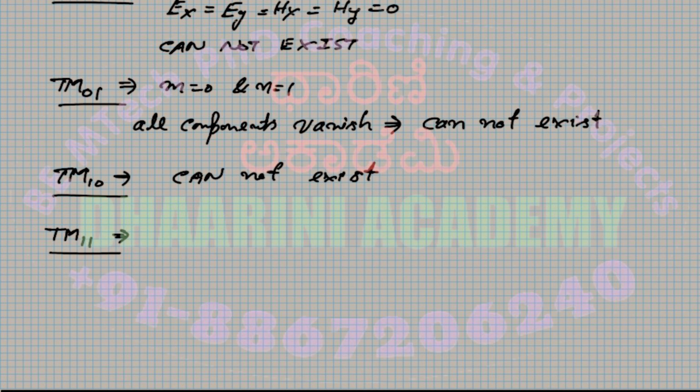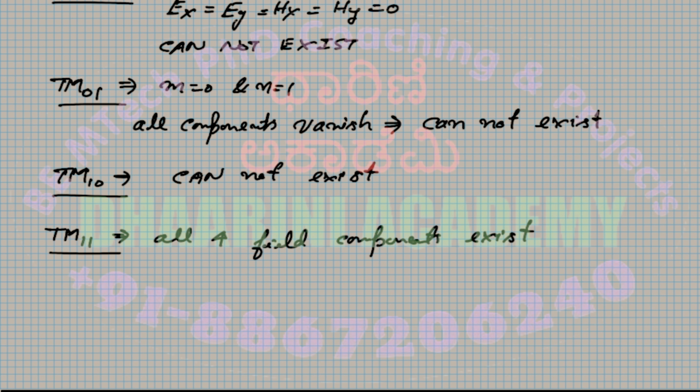So since all the 4 components exist, all the 4 field components exist. So TM11 exists. And all the higher values of m comma n more than 1, whichever you substitute will exist.